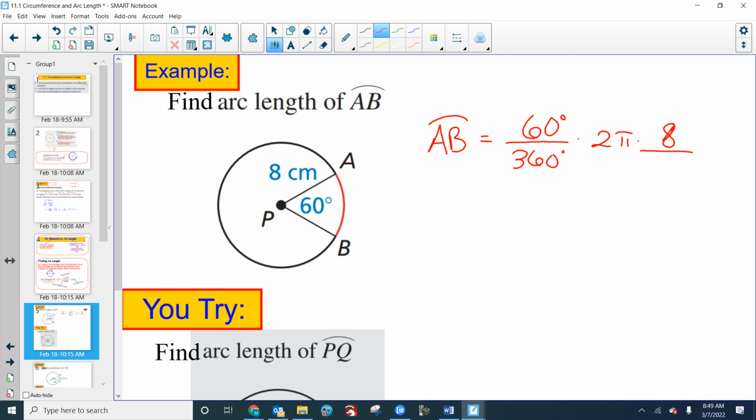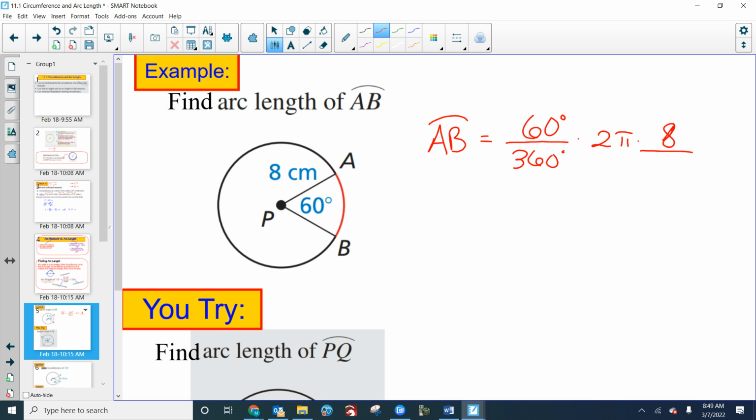So if you type this in, we're going to give our answer in terms of pi and as a decimal. Make sure you're putting parentheses around the 60 over 360 if you're typing it in all at once. As you go to do these on your own, if it says in terms of pi, this is another thing I have to teach you.